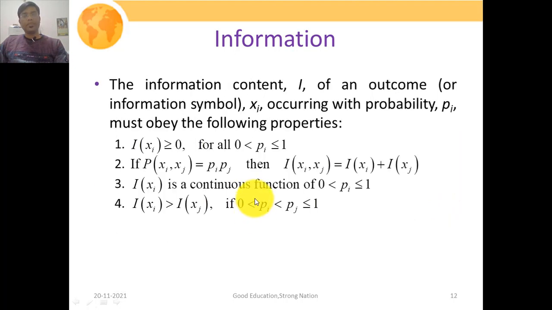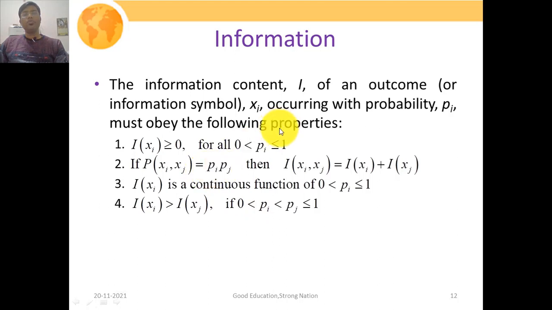The information content I of an outcome, or of the information symbol xi occurring with probability pi, must obey the following properties. Here we are considering an information source which generates certain symbols x1, x2, up to xn. Here xi occurs with probability pi, that is, the probability associated with the occurrence of this symbol xi is equal to pi.